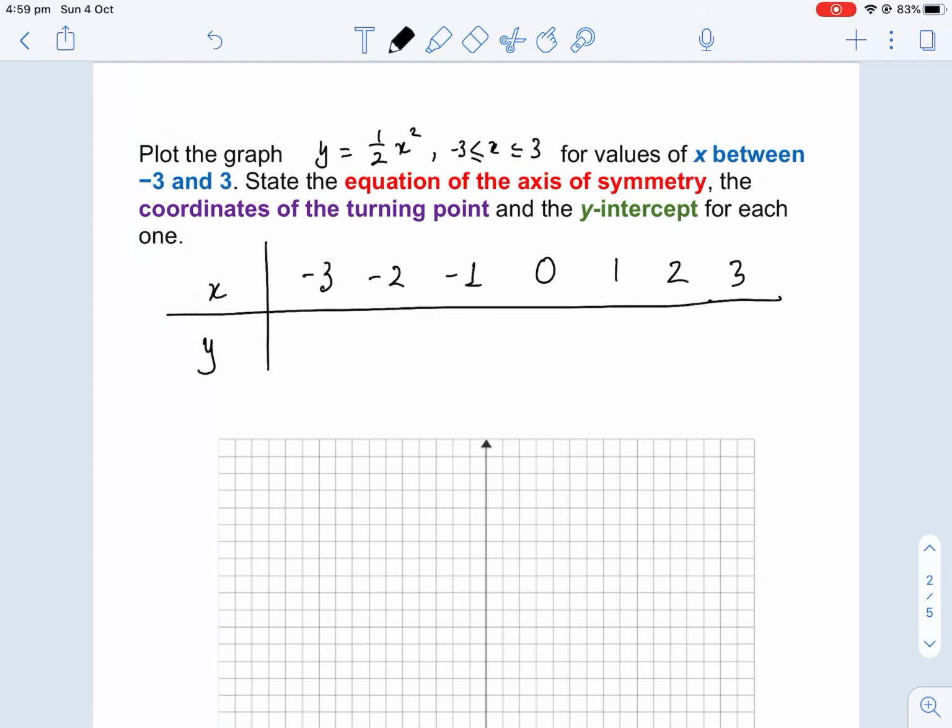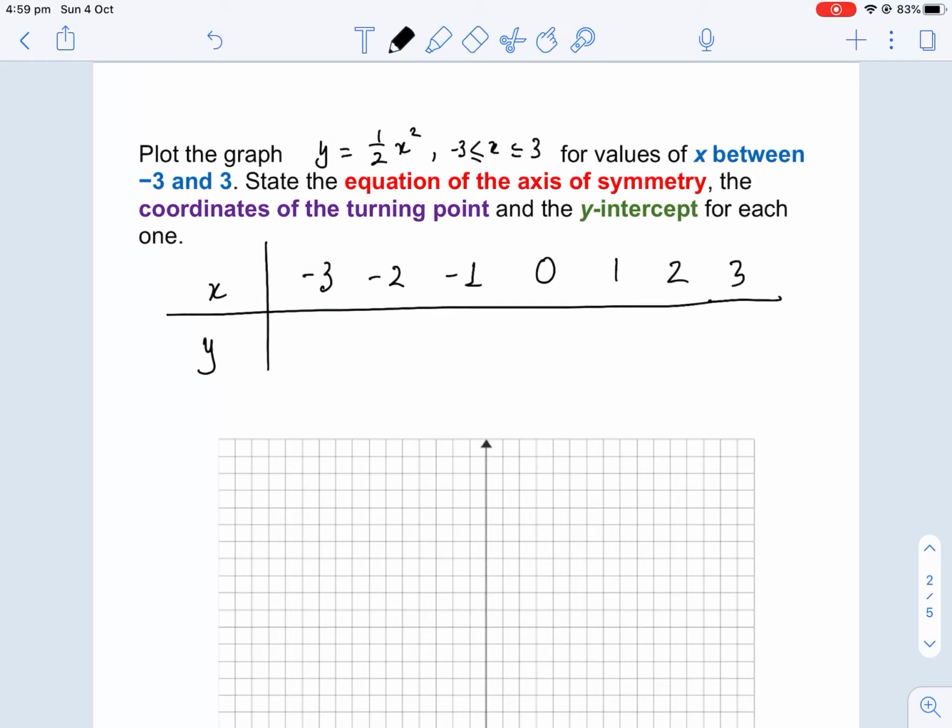You can skip one of the points, or choose 1.5 if you want. I just want the values to be consecutive, so I choose these numbers, and then I substitute negative 3 into this to find the value of y.